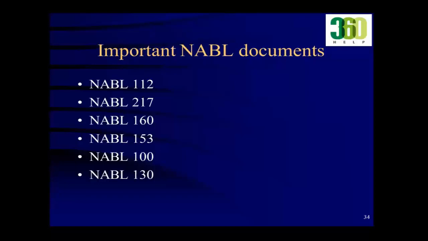And then 100 and 130 are more important. Once you get the NABL, how to maintain it, how to follow the guidelines given by NABL to maintain your accreditation. So once you think of applying, you will have to download all these documents from the NABL site and go through them.